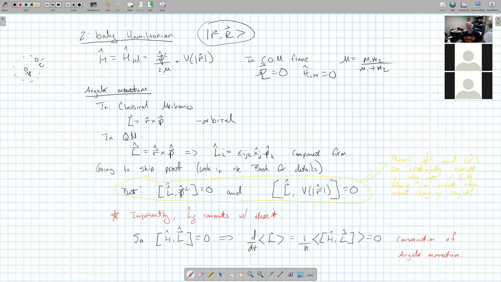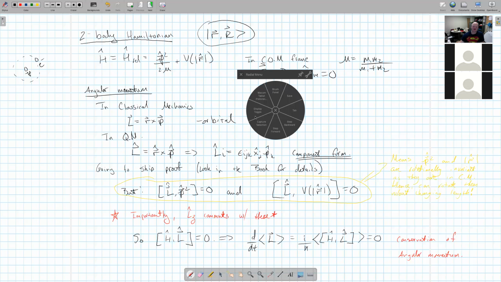So this is now the angular momentum vector operator, the position vector operator crossed with the momentum vector operator, or in component form, this is going to be L_i is equal to epsilon_ijk, the position operator r_j times the momentum operator p_k. Okay, so this is its component form.